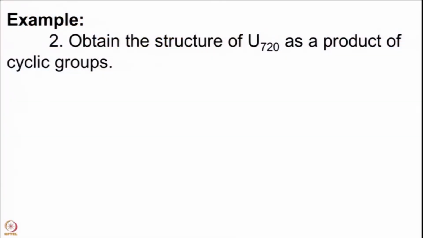Here we want to understand the structure of U720 as a product of cyclic groups. So, we will need to write 720 as a product of prime powers. So, clearly 720 is 72 into 10 and 72 is 8 into 9.